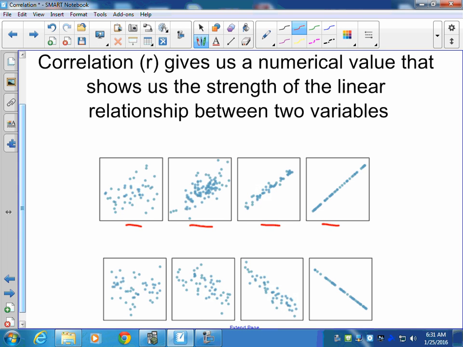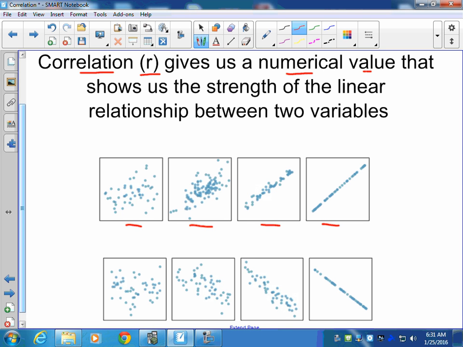Moving from left to right, we went from weak to moderate to strong to perfect linear association. But that was just a description. What we want in mathematics is the correlation R, which gives us a numerical value so we can make comparisons between these.